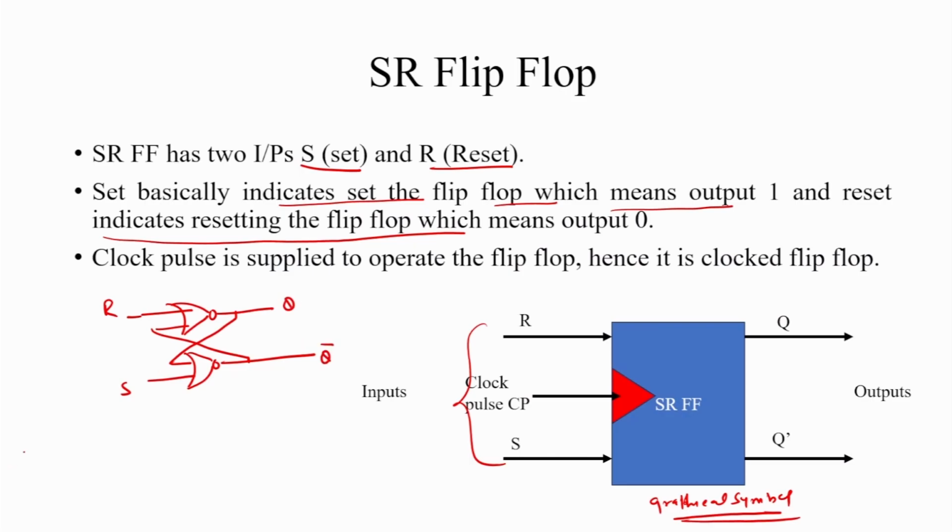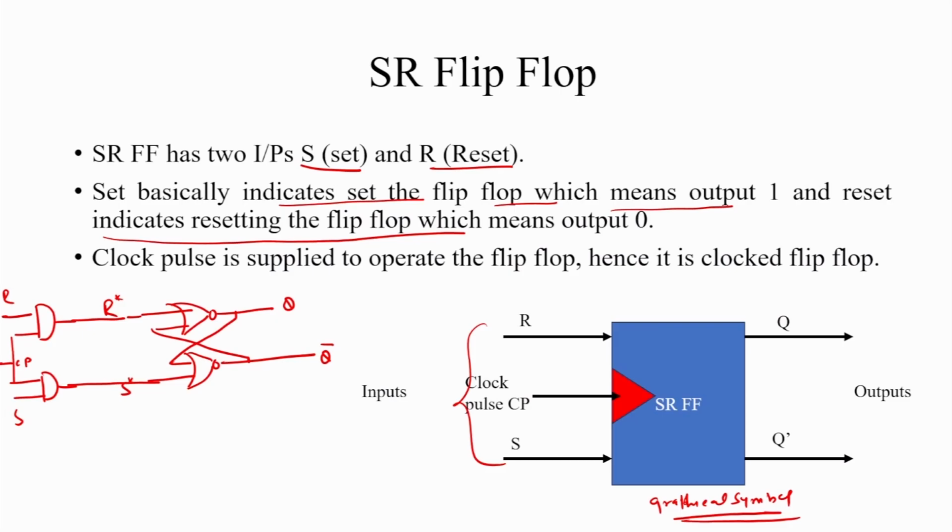Here we design it by connecting AND gates: the first input is provided as R, the second input of the first gate is connected, and this is nothing but a clock pulse, which is common in both gates, and another input is named S.